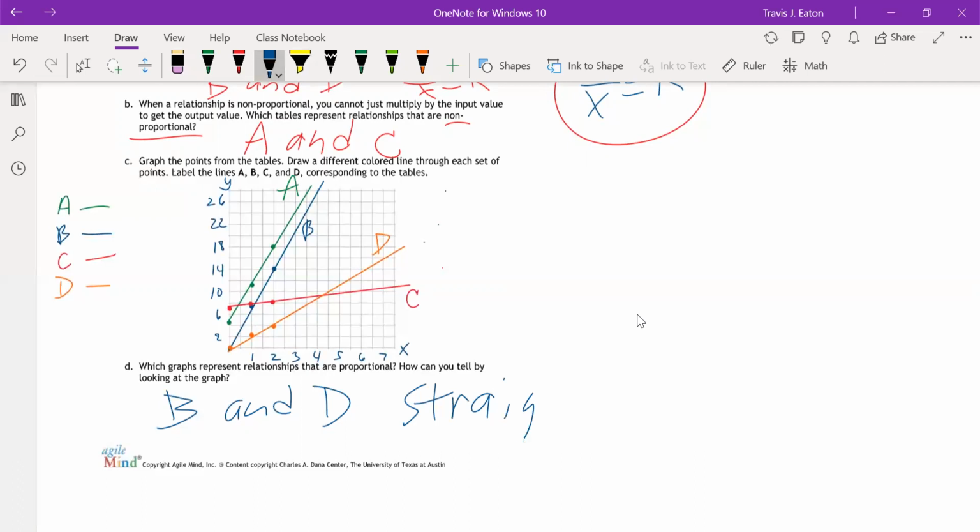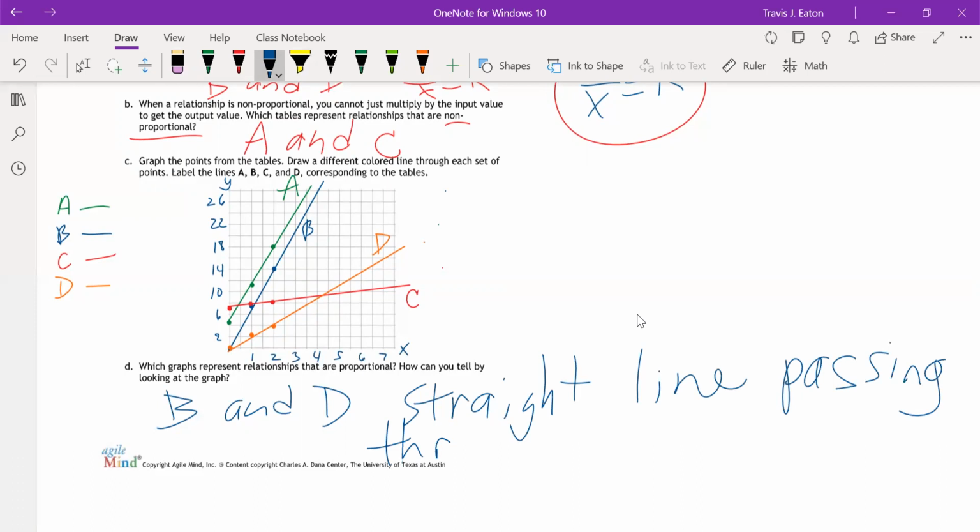That's how we know a line on a graph represents a proportional relationship. It is a straight line passing through the origin at 0, 0.